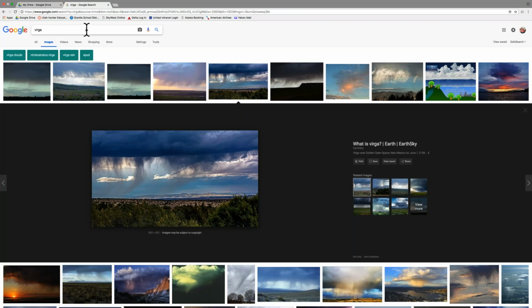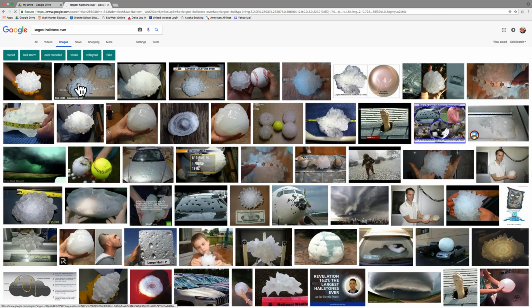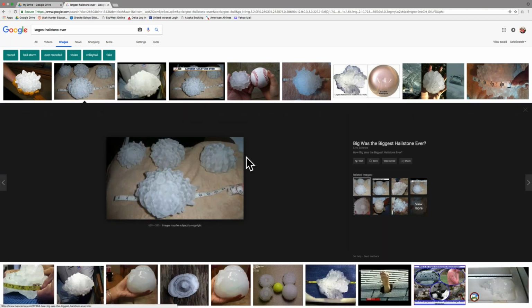And this is insane, but check this sucker out. It's like 9 inches.